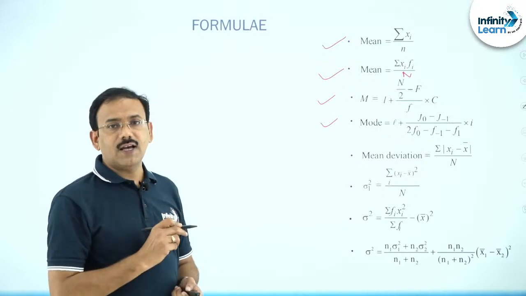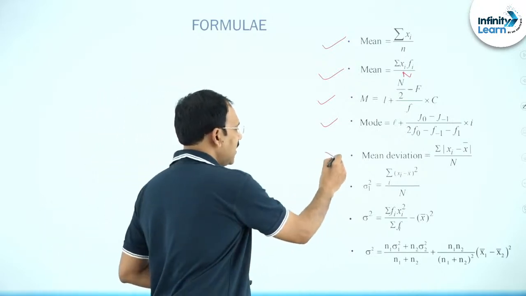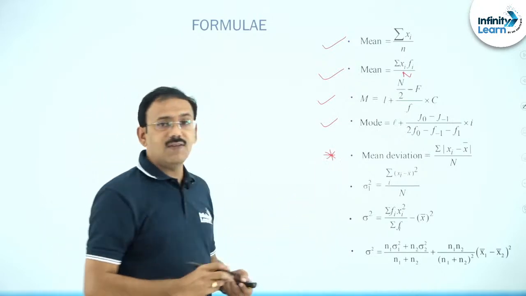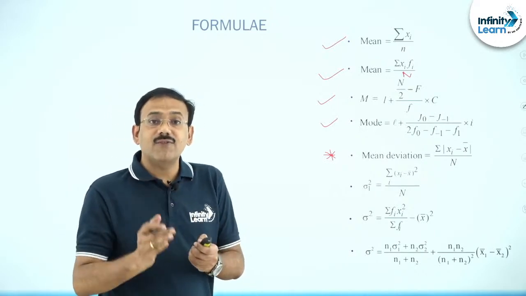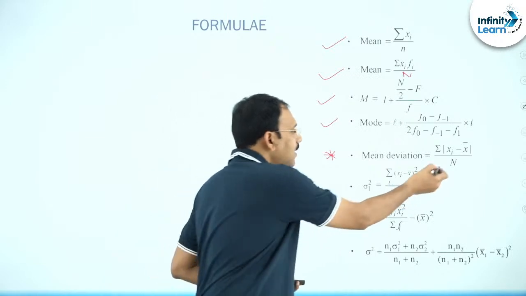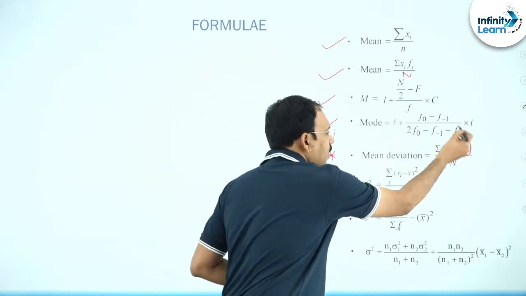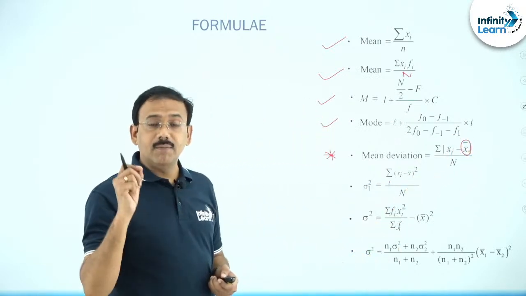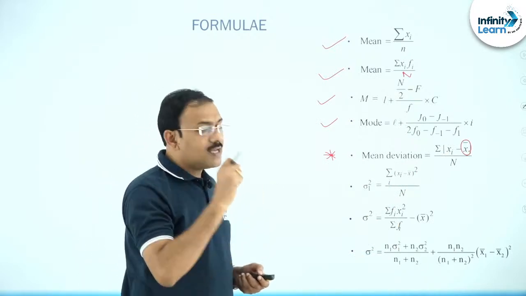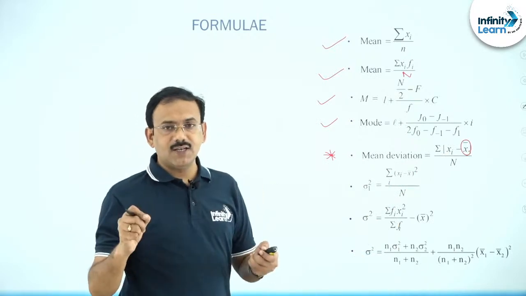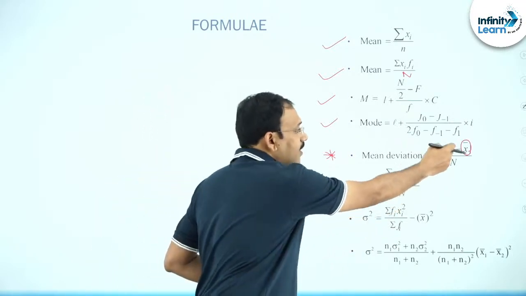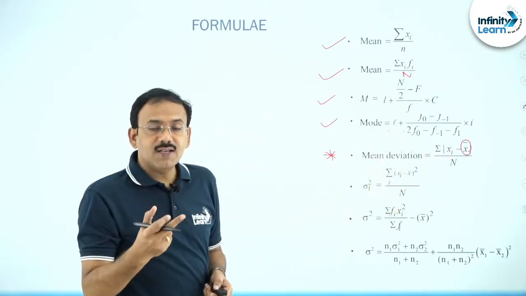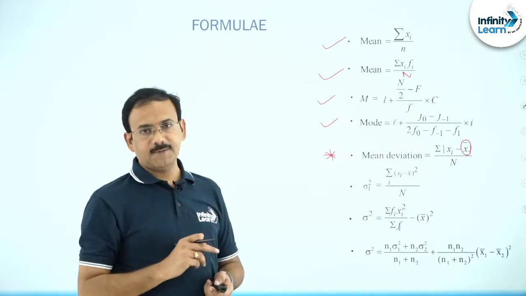Then after that, mean deviation. What is the meaning of mean deviation? Deviation of each item from mean. Generally, this is x bar we compute; we first find the mean of the data. From each item the mean will be subtracted, take modulus, and their average. It is the average of the deviations taken from x bar.